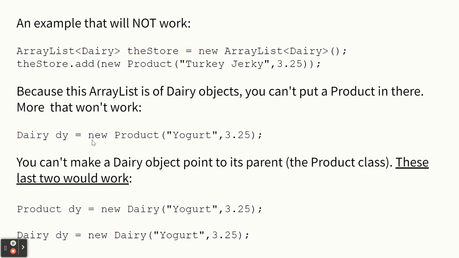You can't say Dairy dy = new Product because you can't make a dairy object point to its parent. These last two would work: Product dy = new Dairy or Dairy dy = new Dairy. As long as you're storing a child in a parent or a child in itself, you're all good. Any questions?